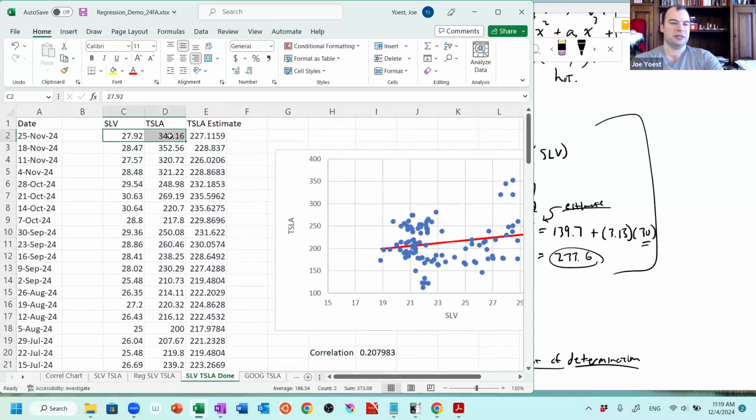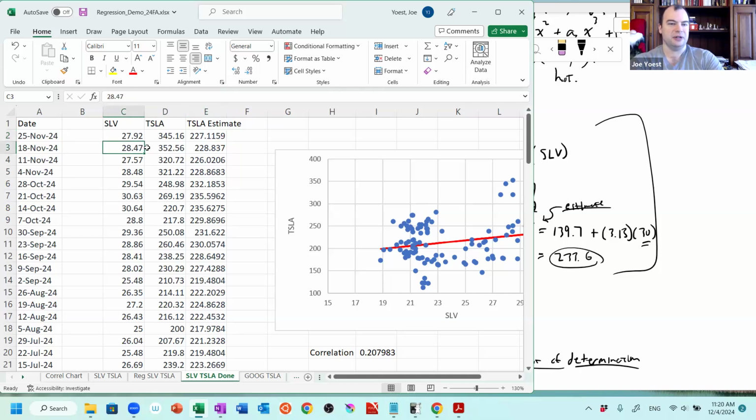So I have an actual data point. I know that at one point silver was 27.92 and Tesla was actually 345.16. Now my question is, under my model, what would my model estimate Tesla's price to be when silver was 27.92? My model estimates Tesla to be 227.